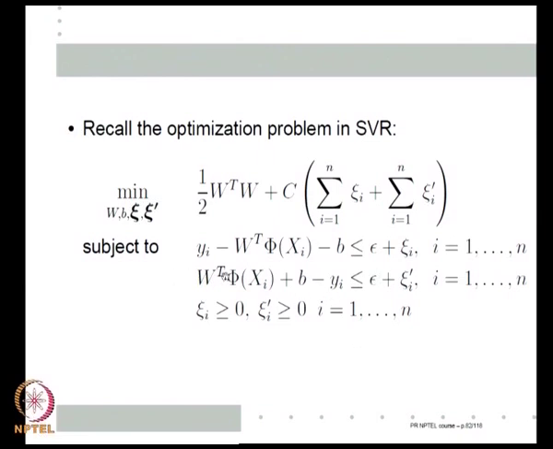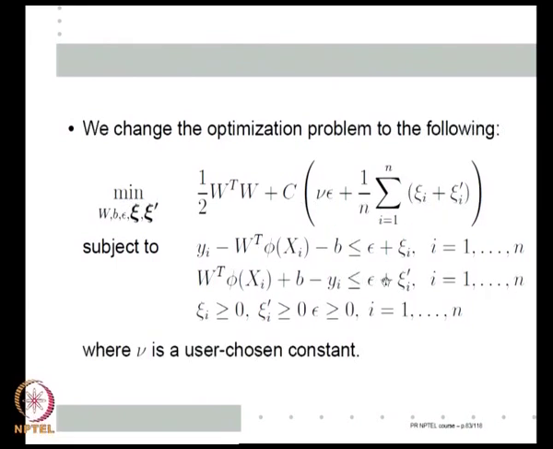So, if modulus of yi minus W transpose phi xi minus b is less than epsilon, then both xi and xi prime are 0. If on one side it is not less than epsilon, then the corresponding xi will come here. So, this is my whole formulation with the slack variables. Now, in the new formulation, I want to optimize on epsilon also.